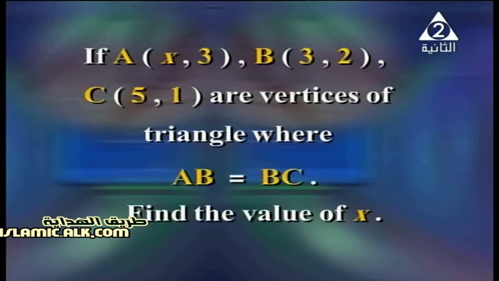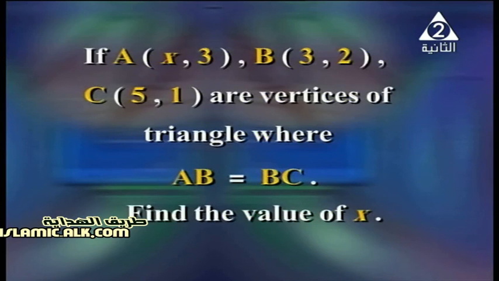Look carefully, AB equals BC. It means that the length of AB equals the length of BC. It means that the distance between A and B is exactly the same as that between B and C. So we must find the distance between A and B and the distance between B and C and equalize them together.